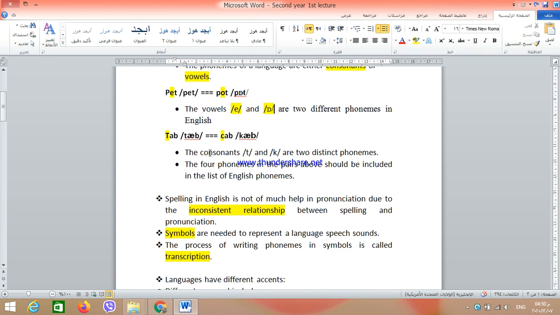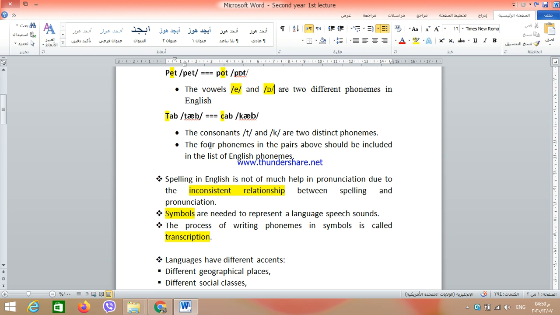In terms of consonants, we have this example. We have the word tap and the word cap. These two words have the same vowel, which is a, and the same coda, that is the consonant after the vowel, which is p.